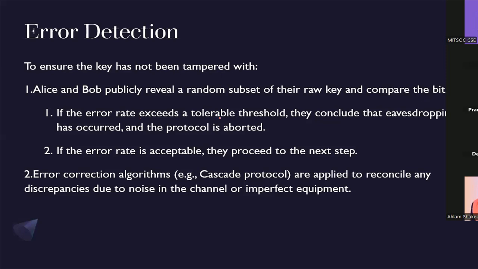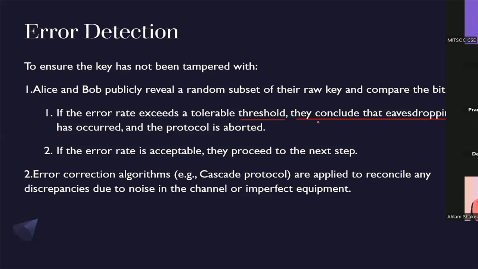If the error rate exceeds the tolerable threshold, then they can conclude that eavesdropping might have occurred. It is not necessarily directly eavesdropping; it might be due to noise in the channel or imperfect equipment.